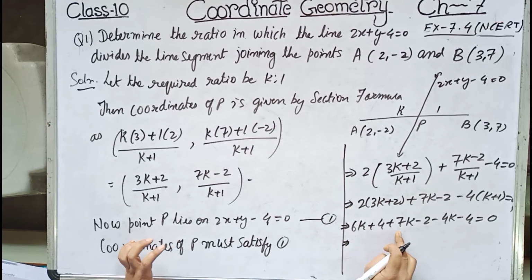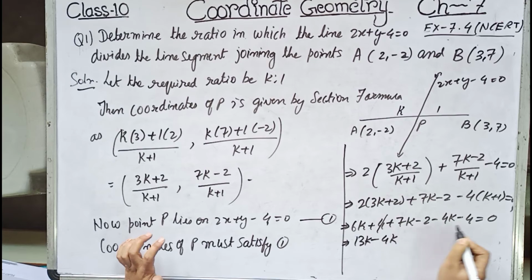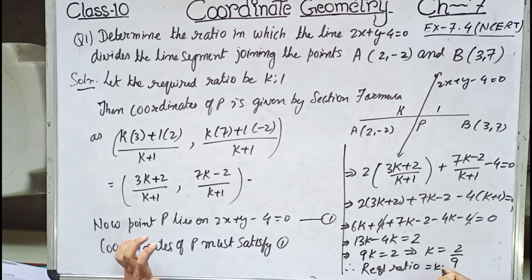This implies 6 and 7 is 13k minus 4k, and this 4 cancelled, and this 2 will go to that side as 2. Now this implies 9k equals 2. This implies k equals 2 by 9. Therefore, the required ratio equals k is to 1 equals 2 by 9 is to 1 equals 2 is to 9.